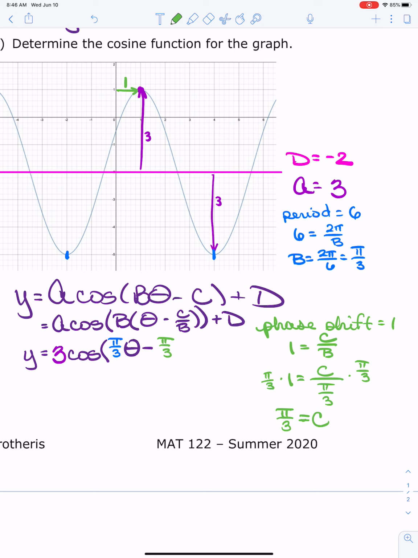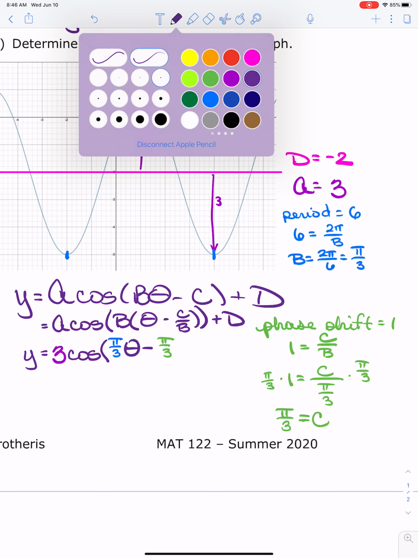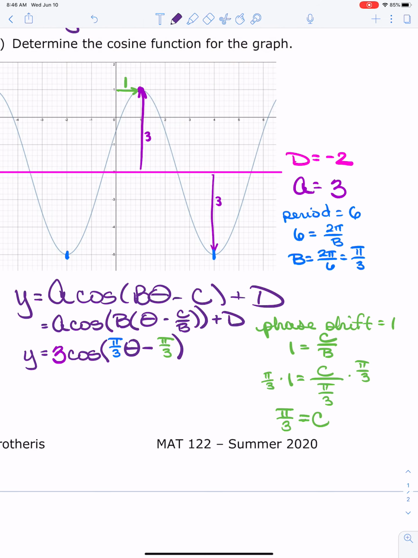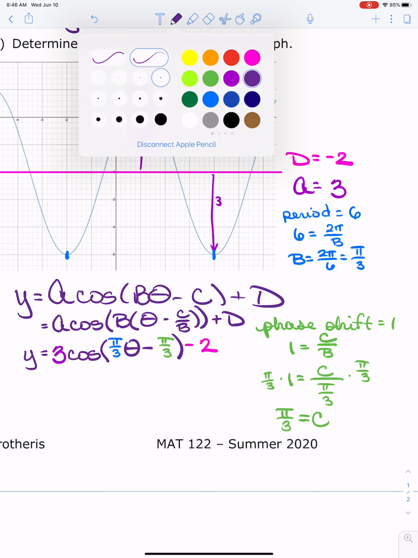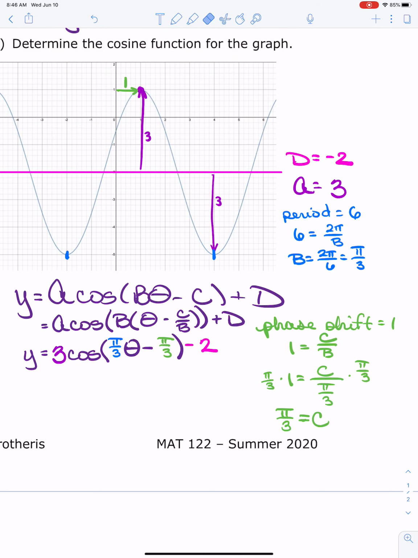I don't have to worry about the c over b shenanigans. And so we get y equals 3 cosine pi over 3 theta minus pi over 3 minus 2.